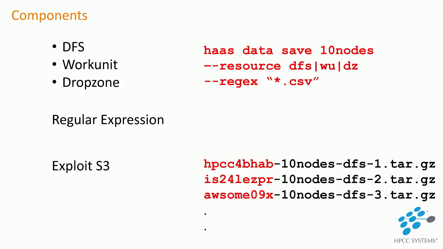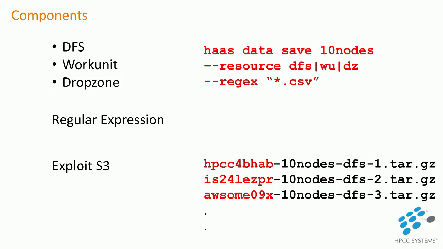The other thing we've done is we prepend some arbitrary strings on the front of that. This arbitrary string isn't that arbitrary. It says HPCC is awesome. And I guess we didn't think it was completely awesome because we didn't spell awesome correctly. But we use a random sequence of bytes in front because we want to exploit the locality that's in S3. S3 puts objects on different resources based on the first few letters of the name.